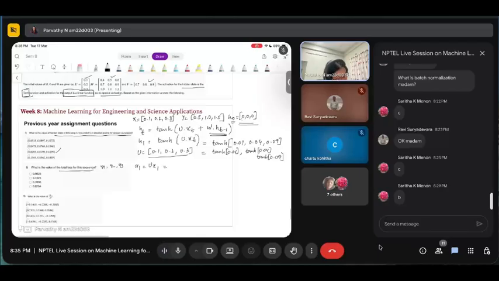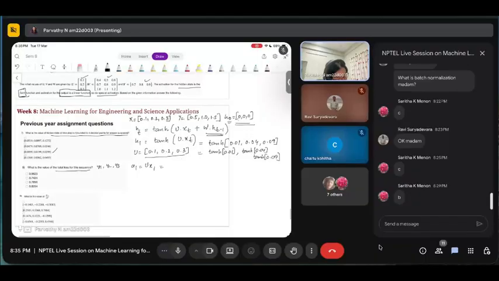So you get activation as 0.01, 0.02, 0.03. Similarly, for A2, it is U times x2. That will be 0.02, 0.04, 0.06. Similarly, for A3, it will be U times x3, 0.03, 0.06, 0.09.